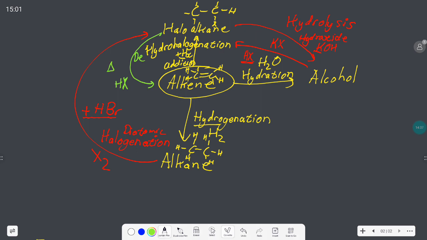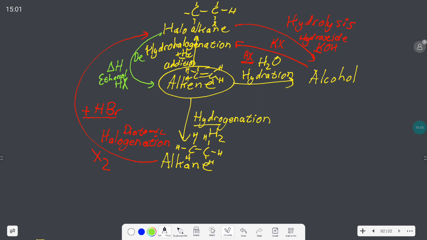So there will be a change in temperature. And what else? In this case, it must be dissolved in ethanol. So ethanol must be present in order for this reaction to take place.